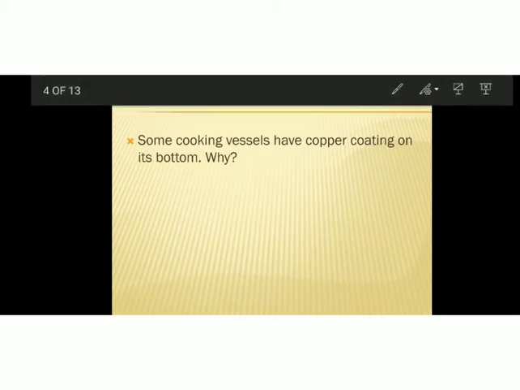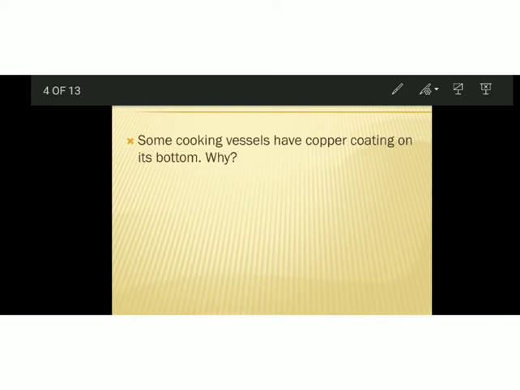Some applications of conduction can be explained here. Some cooking vessels have a copper coating on the bottom. Do you know the reason? Yes, because of the high thermal conductivity of copper, it distributes heat over the bottom of the pot very quickly and promotes uniform cooking.